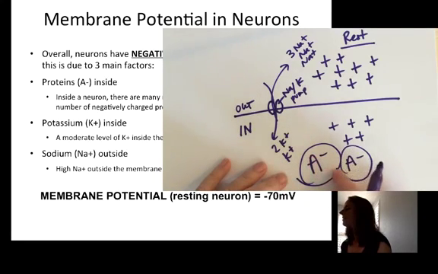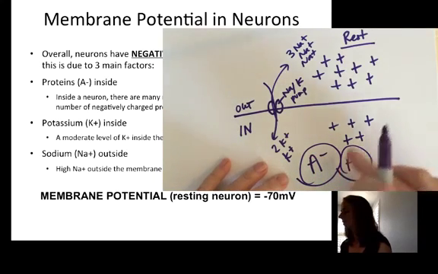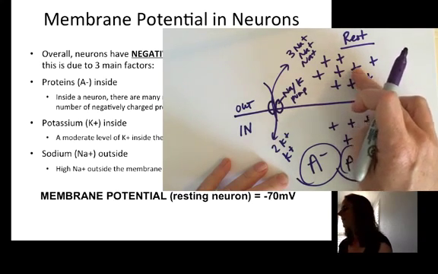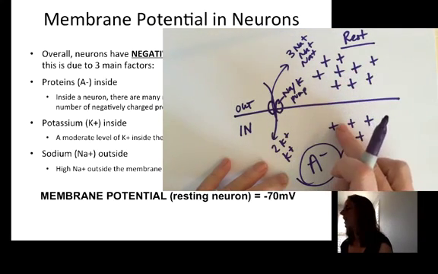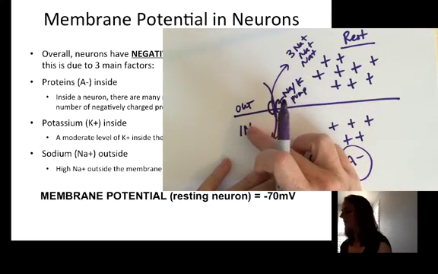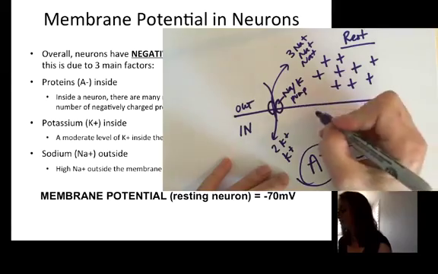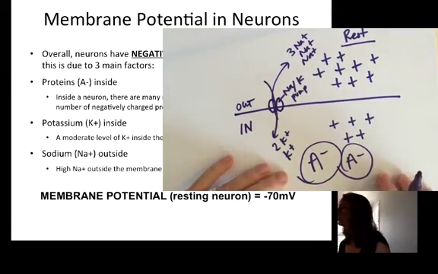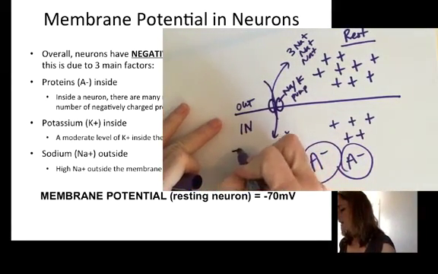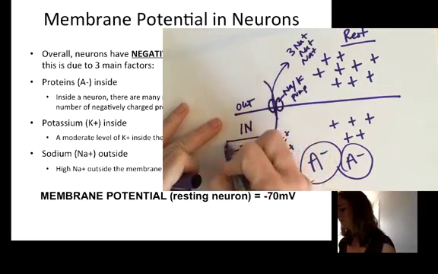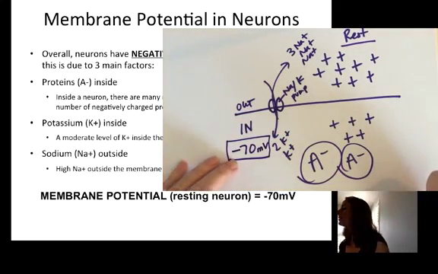So between the negative anions inside the cell and the high positives outside the cell, when we calculate the difference between the inside and the outside of a neuron at rest, our membrane potential is going to be minus 70 millivolts. Now I want you guys to memorize that number and hold on to it.